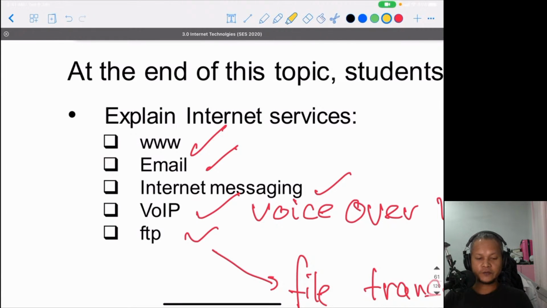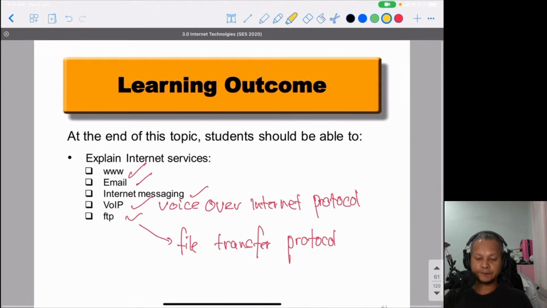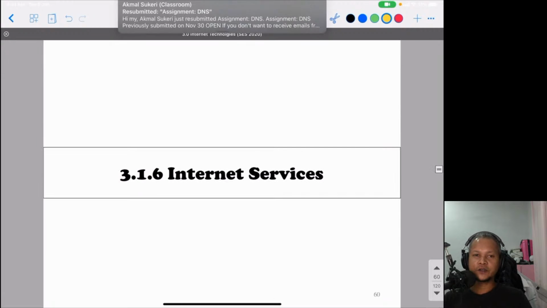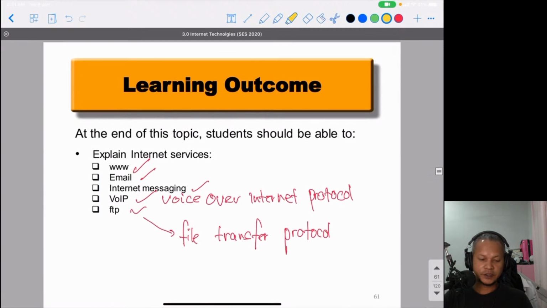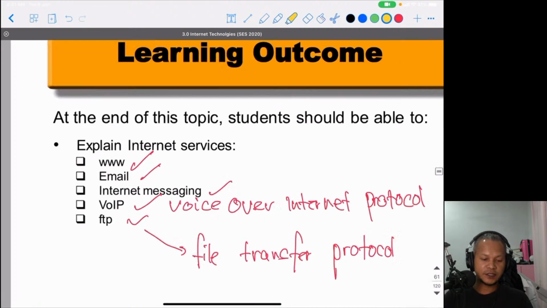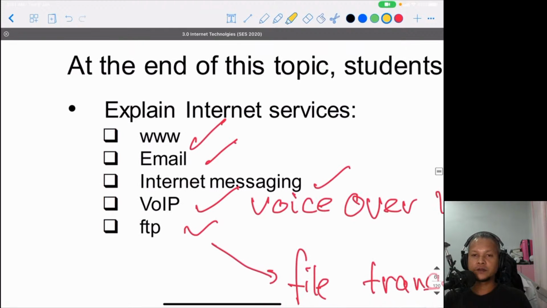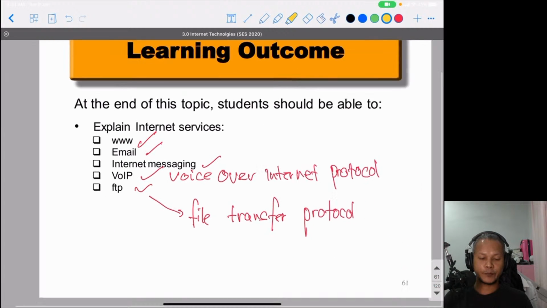This is only 5 internet services. Actually, we have too many internet services over the internet, so only these are covered in our syllabus.